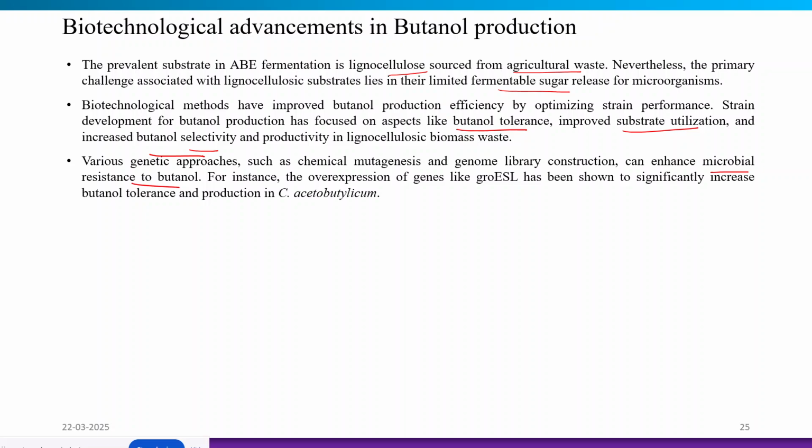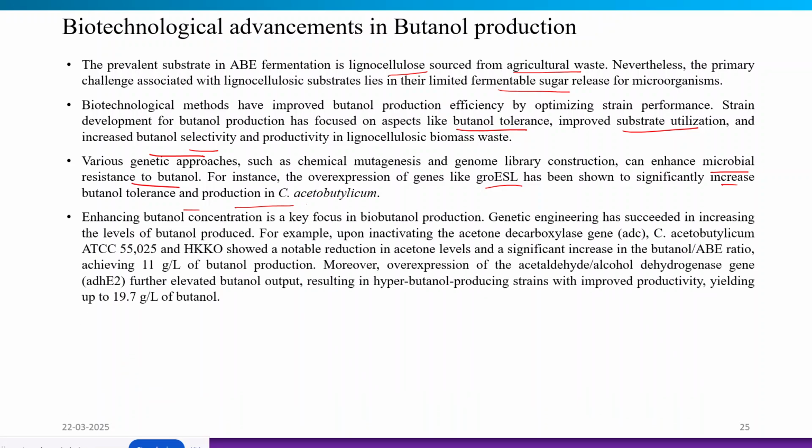So we are genetically modifying the genes of the microorganism so that it can resist higher concentrations of butanol, and that is also effective for a higher yield of biobutanol. As an example, overexpression of genes like groESL has been shown to significantly increase butanol tolerance and production in C. acetobutylicum. This enhances butanol concentration, which is a key focus in biobutanol production.